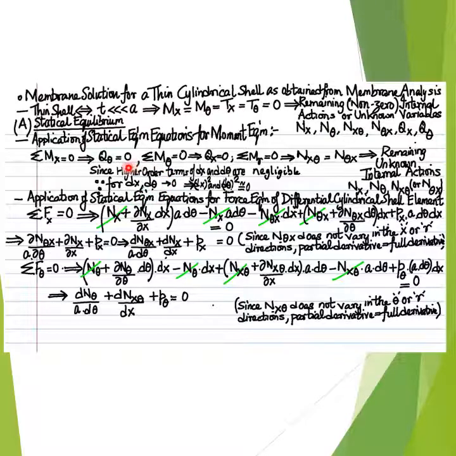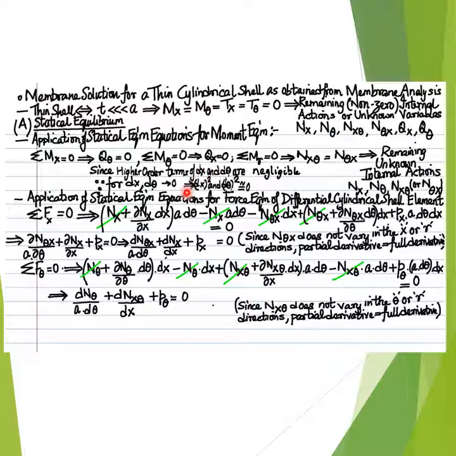For the values of dx and d theta tending to zero, that is, for the assumption that dx and d theta are differential quantities, the square of the differential quantities dx and d theta, that is dx square and d theta square respectively, are therefore almost equal to 0.